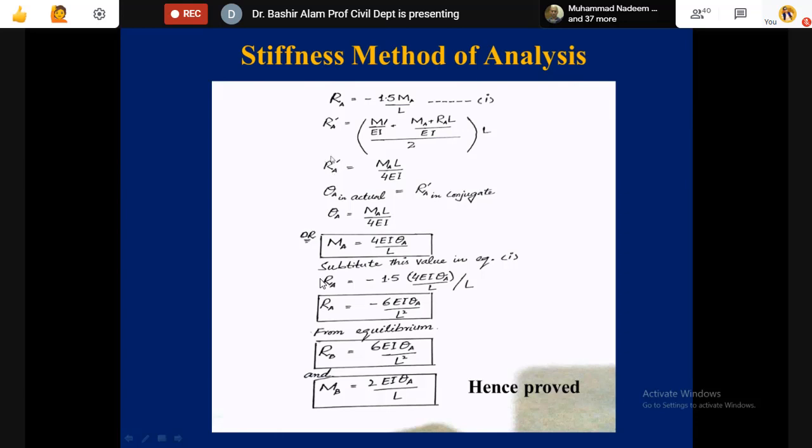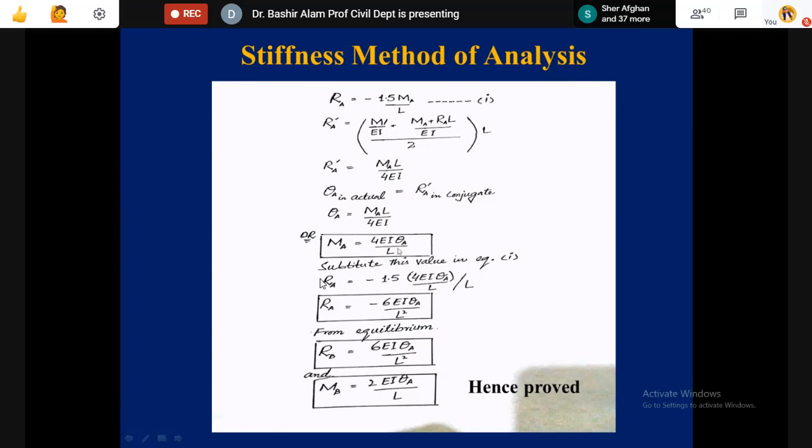Means this RA, we can put this now for the actual structure, it will be showing you theta A actually. So instead of this, we are putting theta A now, and it is equal to MAL divided by 4 EI. Or if we rearrange this, MA is equal to 4 EI theta A divided by L.